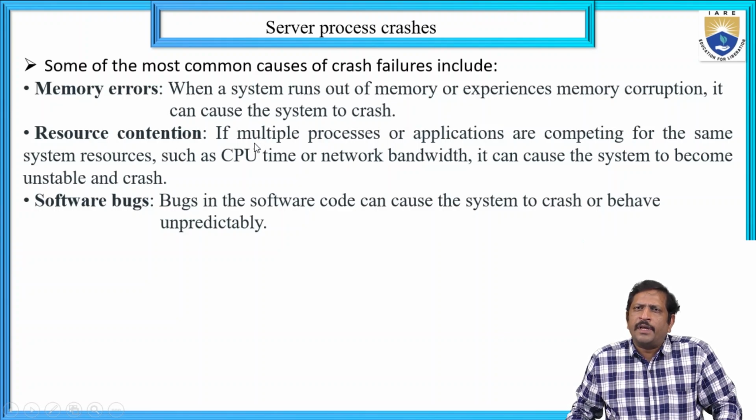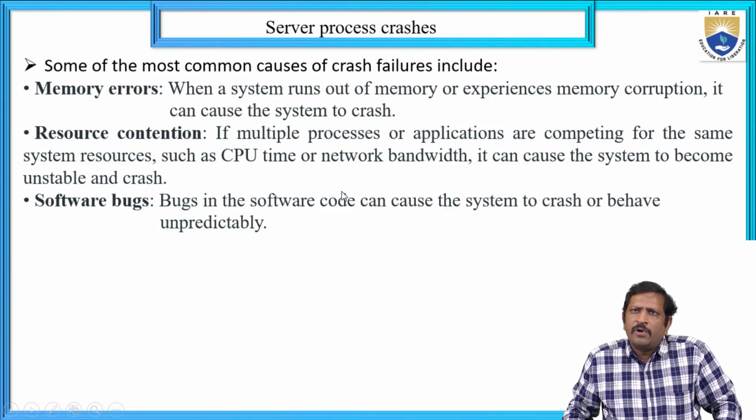Resource contention. If multiple processes or applications are competing for the same system resources, such as CPU time or network bandwidth, it can cause the system to become unstable and crash. Software bugs.